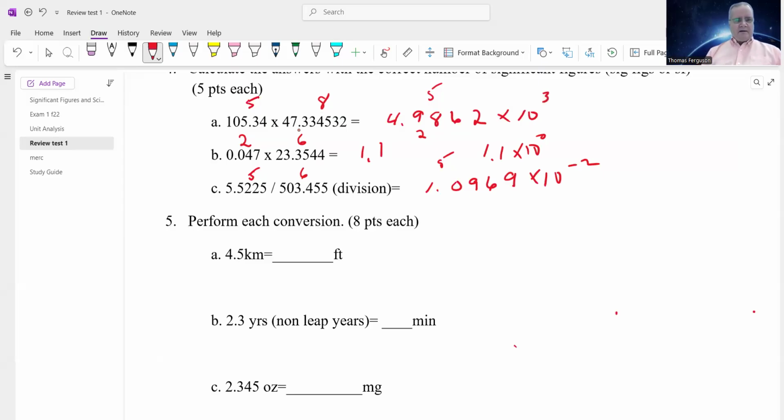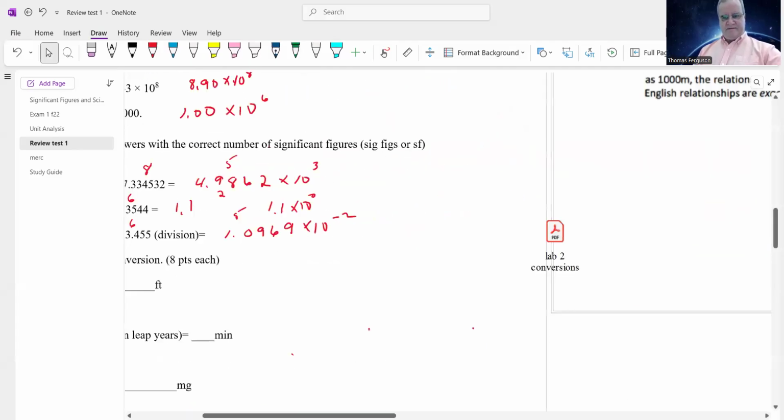Okay, kilometers to feet. This is where our conversion table comes into play. So we need kilometers and feet.